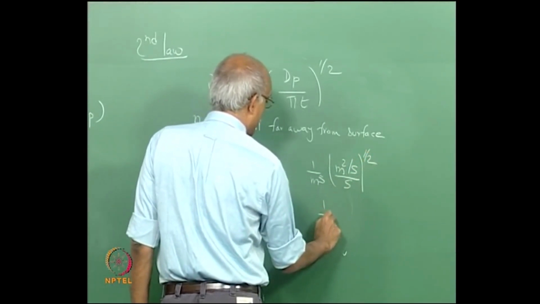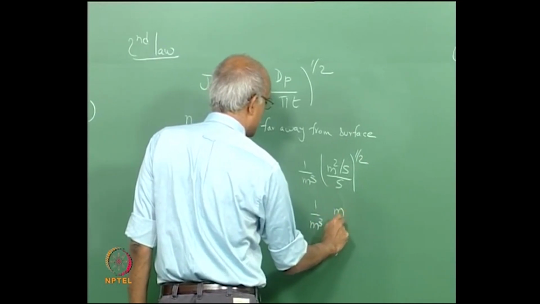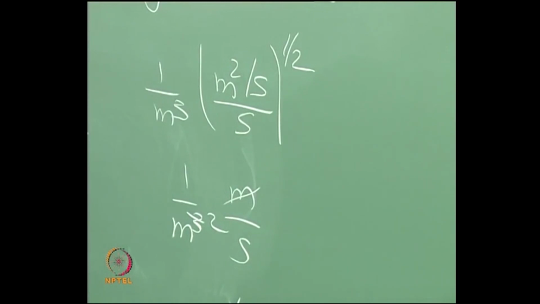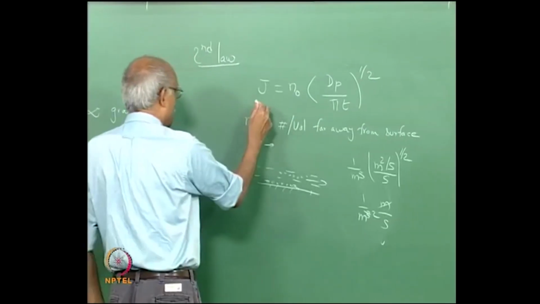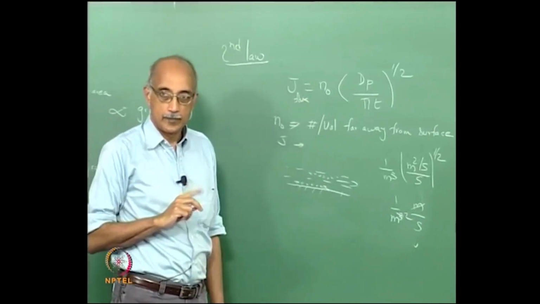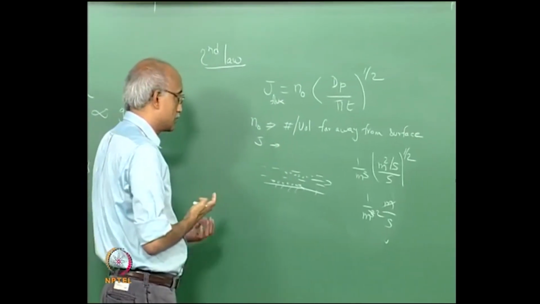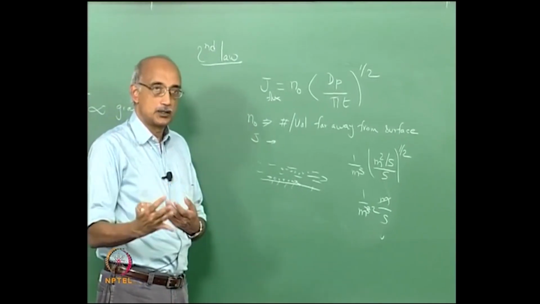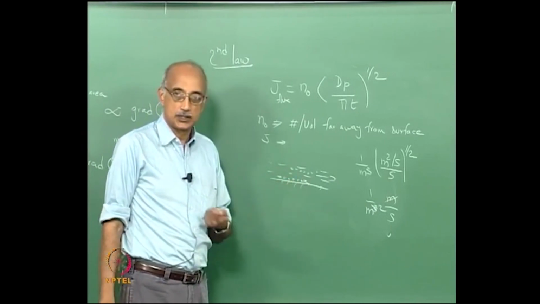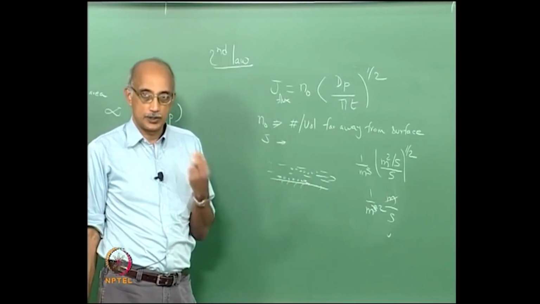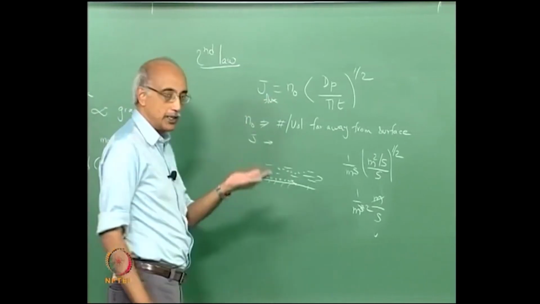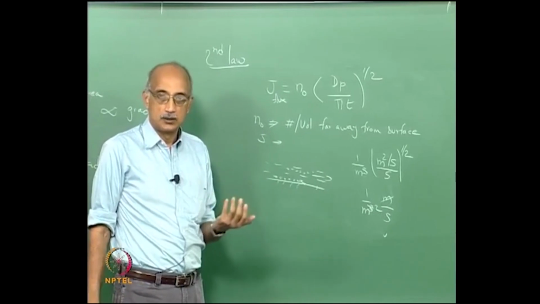So this is basically 1 over meter cubed times meters per second, which is again a flux term, right? So this J is the number flux. It is not the mass flux, but the flux in terms of the number of particles that are transported towards a surface per unit area of the surface per unit time. So if you take this J value and you integrate it over time, you will get the rate of deposition, right?